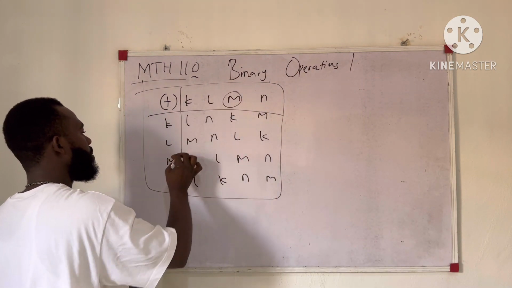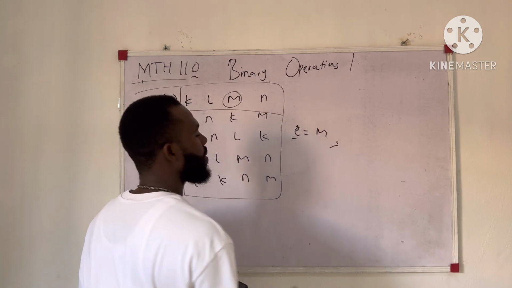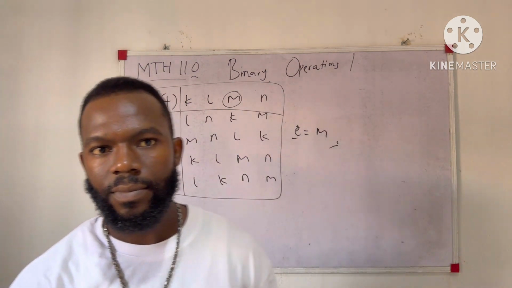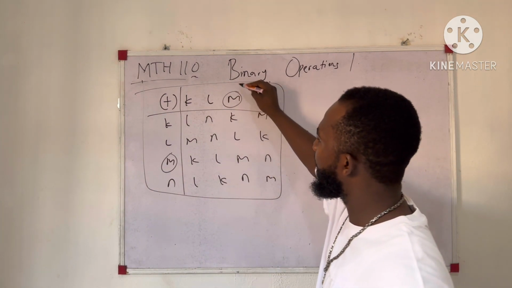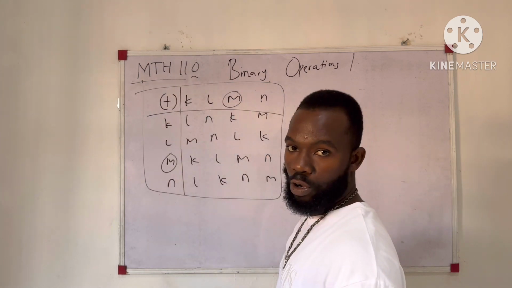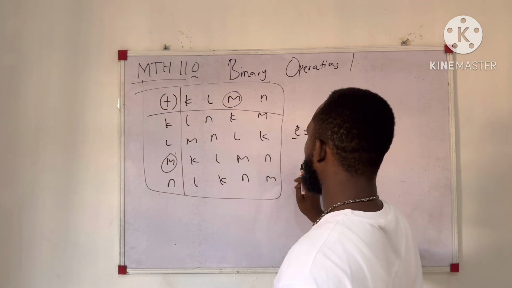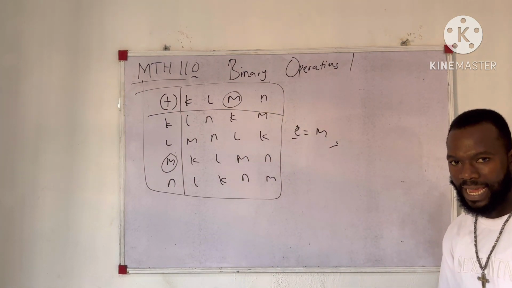So our answer becomes N. Our identity element is N. It's as simple as that. Under N, what we have here corresponds with the column here, and under N, what we have here corresponds with the row here. So the answer automatically becomes N.